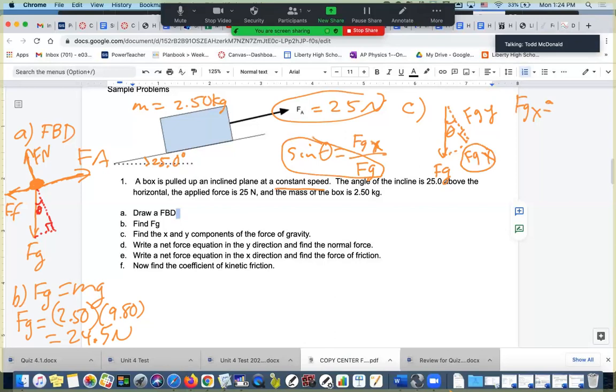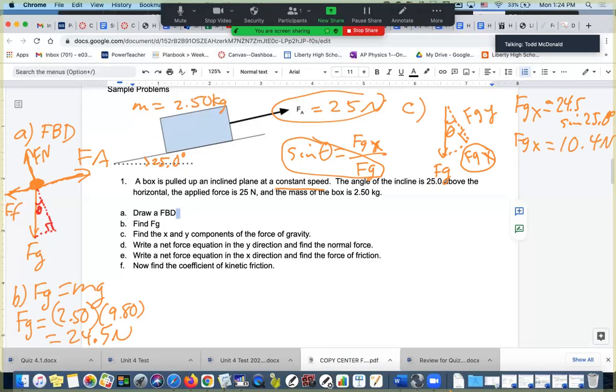So force of gravity X is Fg, which I just calculated down below to the left, 24.5, times the sine of the angle, 25.0 degrees. I hit my sine button, 25, close my parentheses, multiply by 24.5, and I get 10.4 newtons, rounded to 3 sig figs.